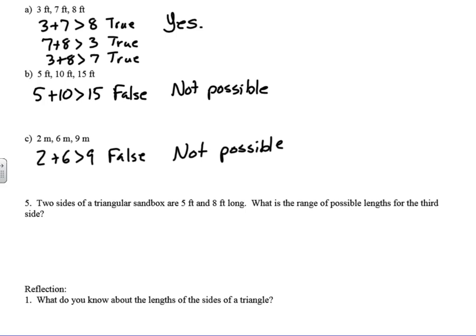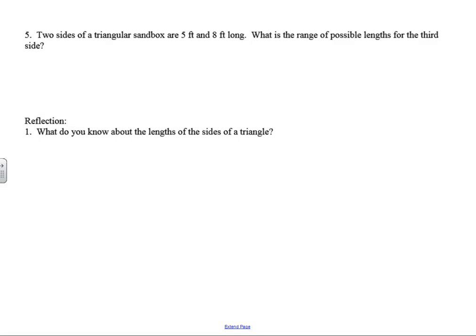All right, and that gets us to our final type of question that we're going to be asked. Two sides of a triangle of a sandbox are 5 and 8 feet long. What is the range for the possible lengths of the third side? So here's the idea. There's an inequality.